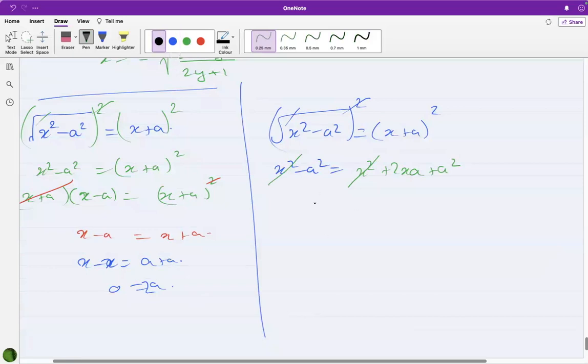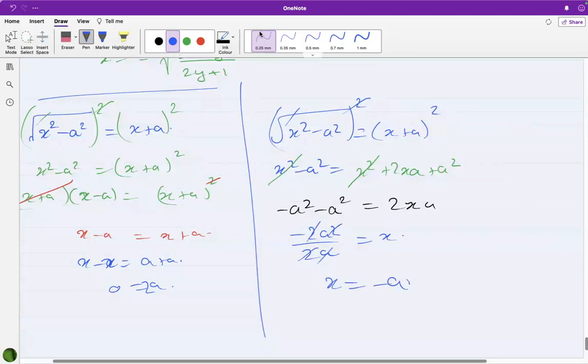Then we still have an x left over. Negative a squared again is equal to 2xa. And I'm dividing by 2a. Negative 2a squared over 2a is equal to x. a goes with a, 2 goes with 2. So x is equal to negative a.